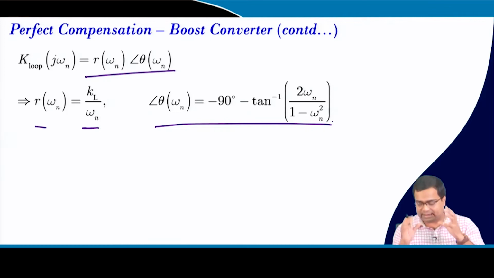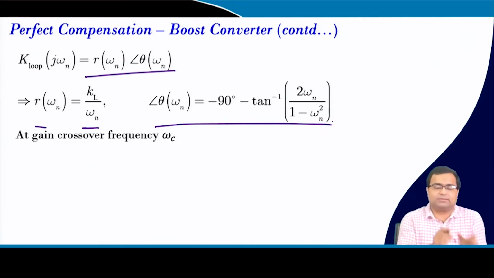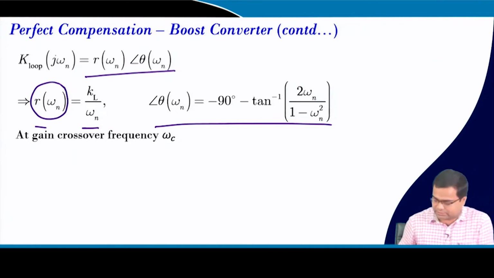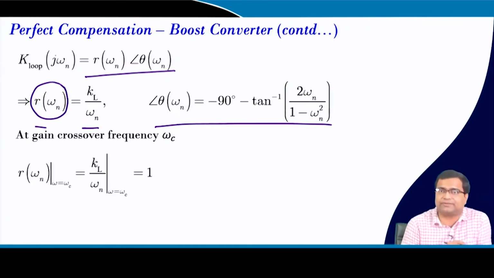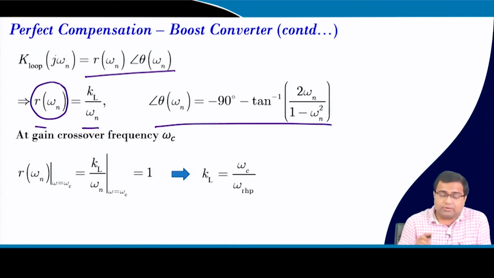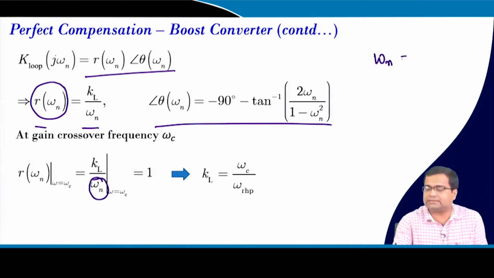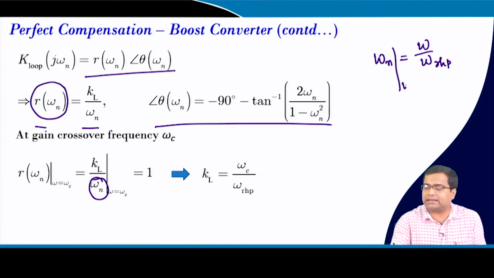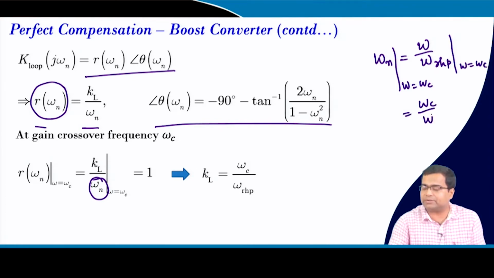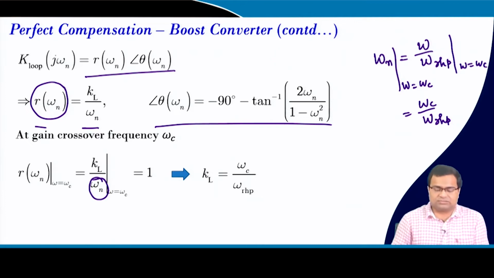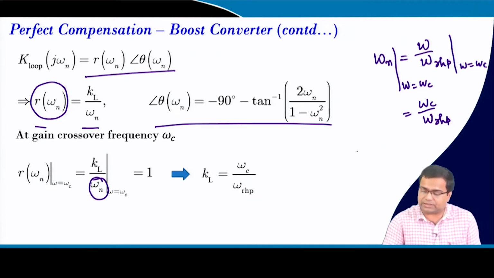Now, we need to get, at the gain crossover frequency, the magnitude to be unity. That means this is equal to 1 at the gain crossover frequency, and what is my omega n? My omega n is simply omega by omega RHP, and at the gain crossover frequency this will be simply omega c by omega RHP, and this is nothing but my K_L.